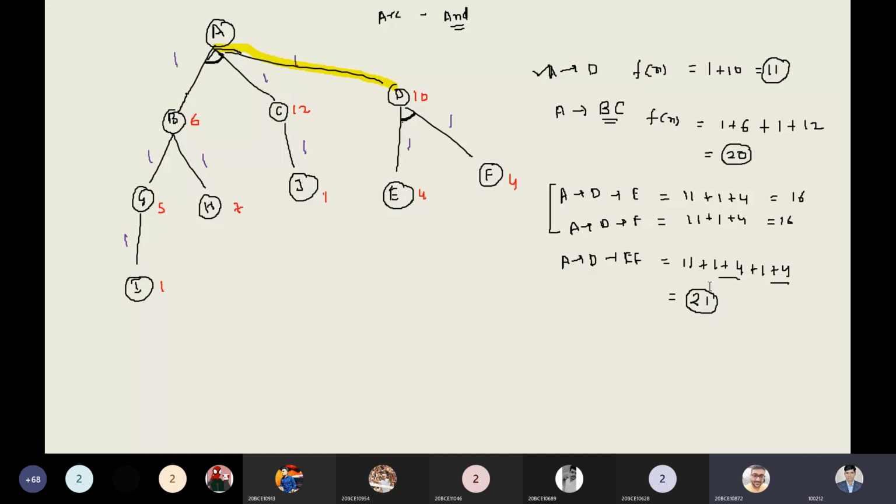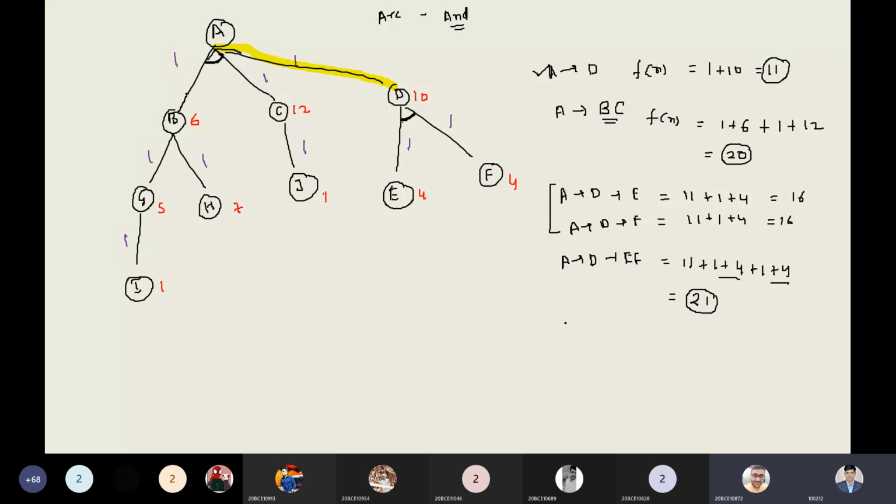You can observe over here, basically, from F to E. From D, if I'm moving from F to E, what would be my cost? This is my point.